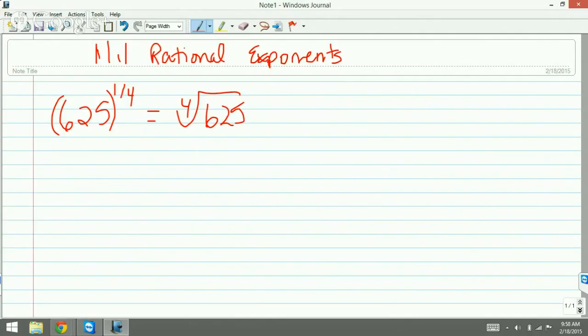There's also another way: you have to type the 4 first, because it's a 4th root, and then go to math, and it's number 5, x root. So that inserts the 4 into the radical. Okay, and we should get 5.